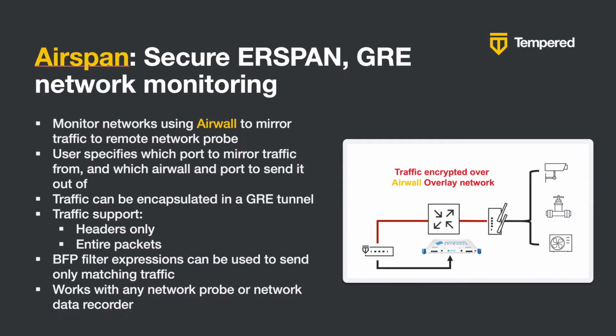One of the biggest new features of 2.2.11 is Airspan. Airspan is an implementation of ERSPAN and GRE to replicate the mirroring function that you're familiar with in most Ethernet switches.